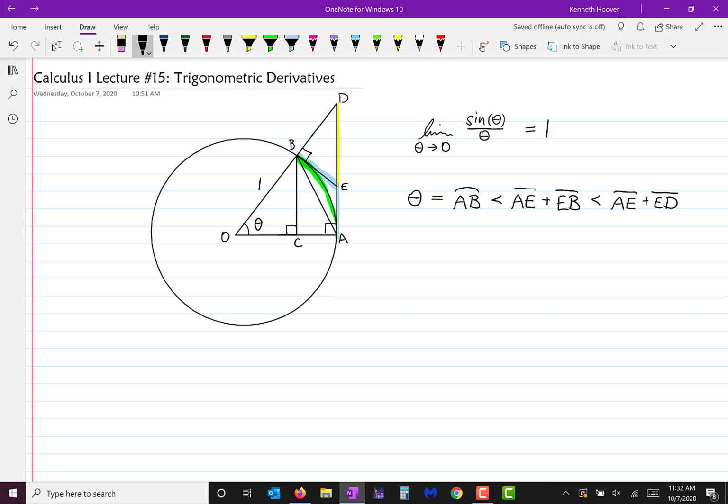All right, now, look at what I left off with. Line segment AE plus line segment ED. Well, look, they're collinear, right? Segment AE plus segment ED, just put them together and I get one line segment AD, right?